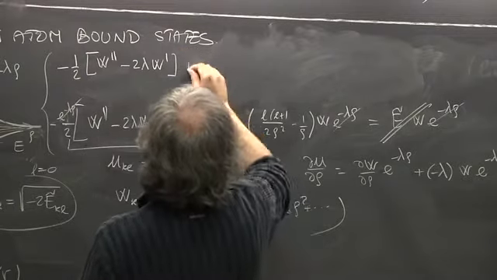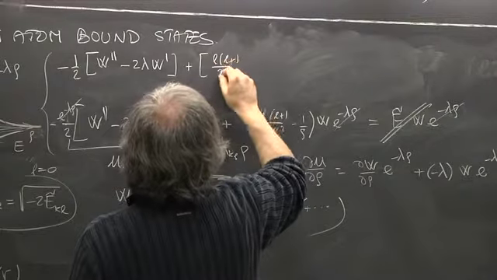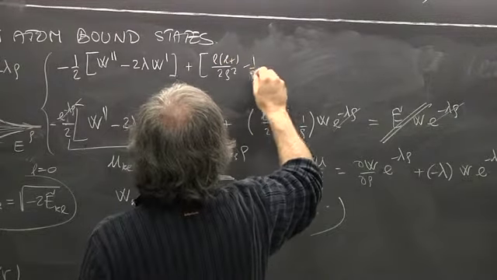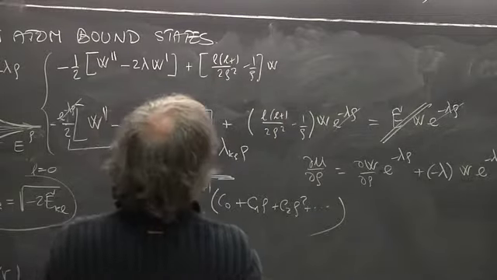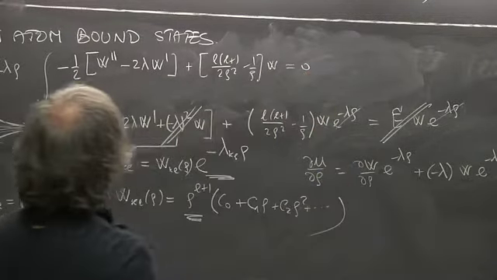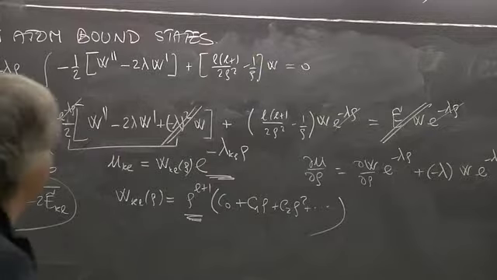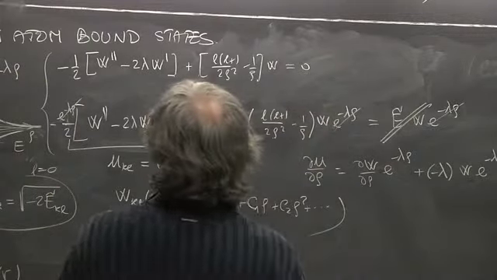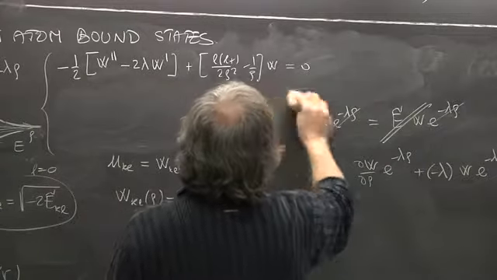Then I have plus L plus 1 over 2 rho square minus 1 over rho, the W. And all this should be 0. Okay, so this is the new form of our equation for W. Okay. Now, if you are confident with this, let us move forward.